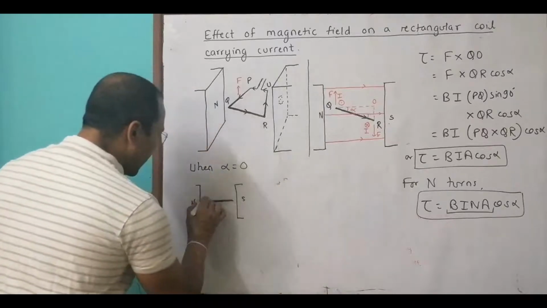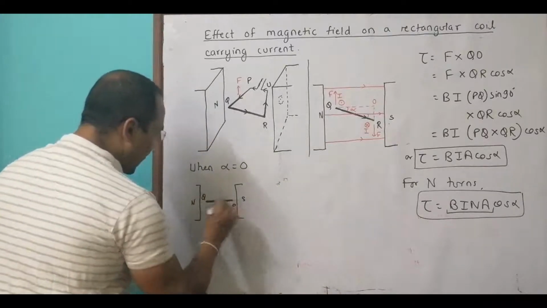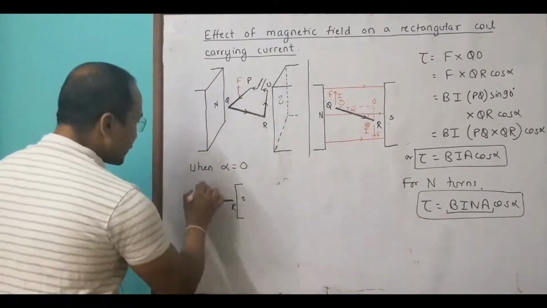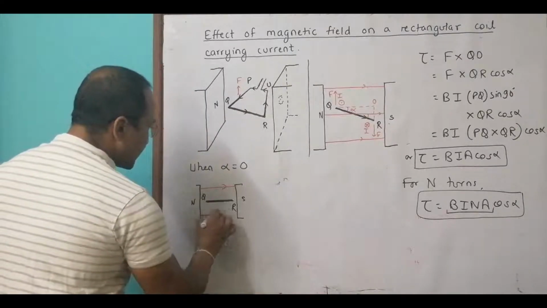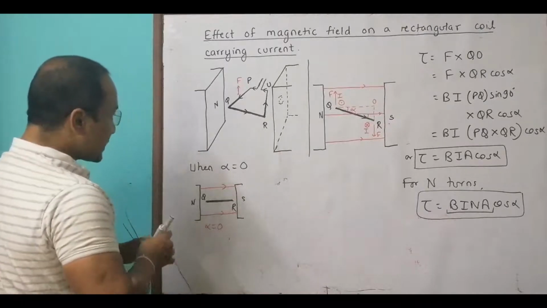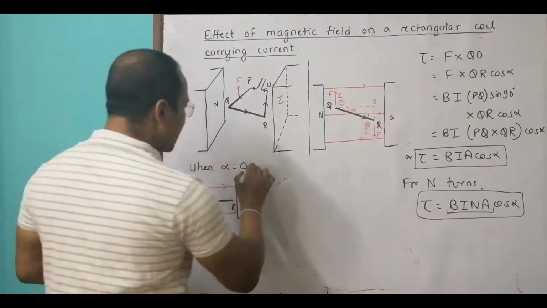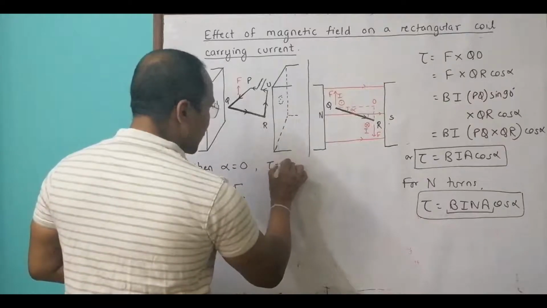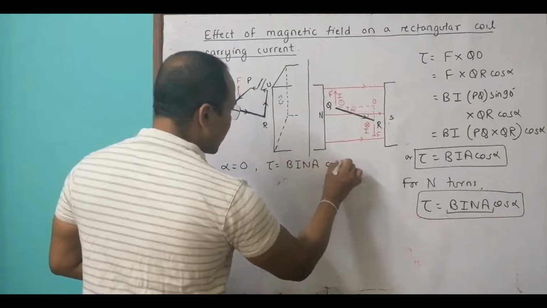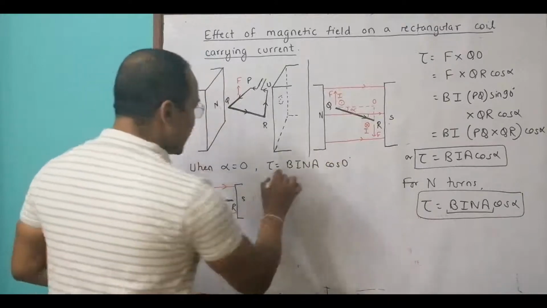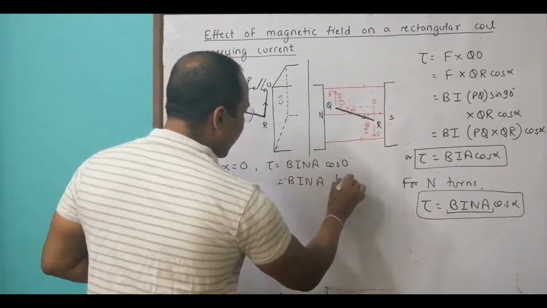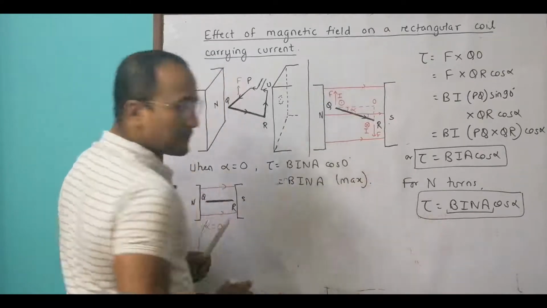This is QR, alpha 0. At that time the field line should be like this, so alpha is equal to 0. In such a case we have tau equal to BINA cos 0, which is 1, so simply BINA, and it is the maximum value possible.